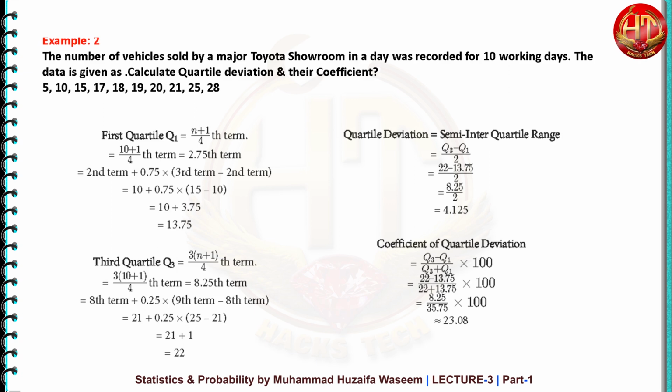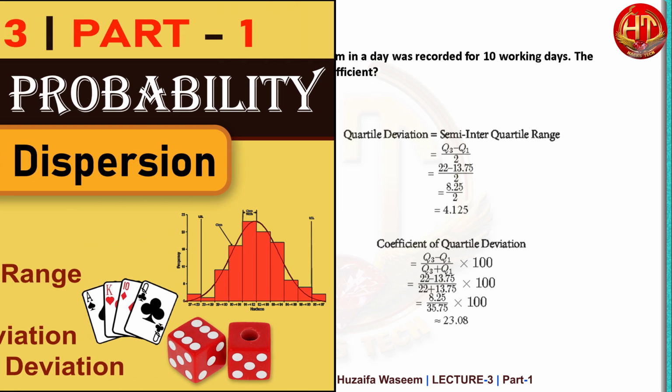Now put these values in the quartile deviation formula, Q3 minus Q1 divided by 2, which is equal to 4.125, and the coefficient of quartile deviation is equal to 23.08. So this is your quartile deviation and coefficient of quartile deviation.